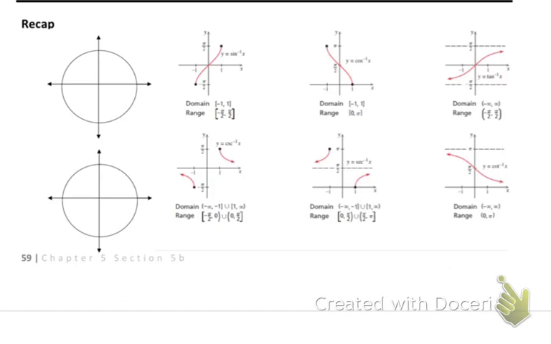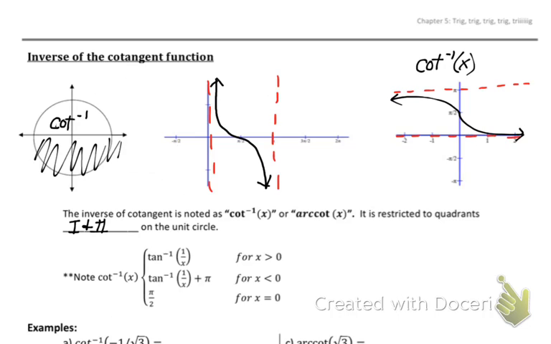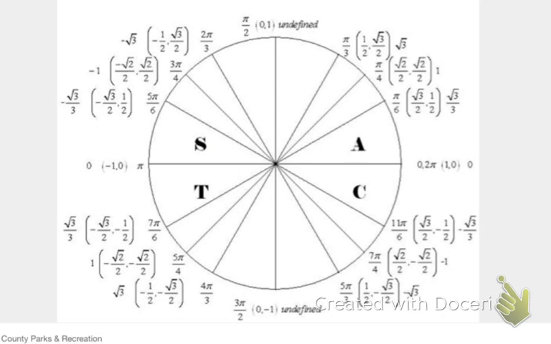So we're going to write this as arc tangent of -1 over 1. And let's forget about the adding pi or subtracting pi thing. Let's just realize that cotangent exists in quadrant 1 and 2.